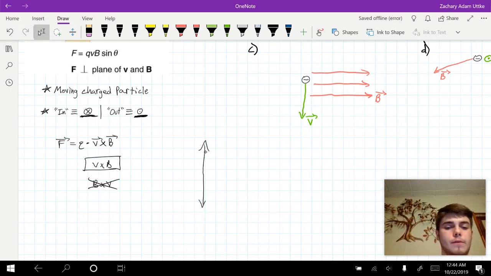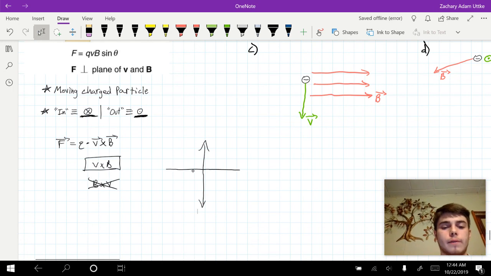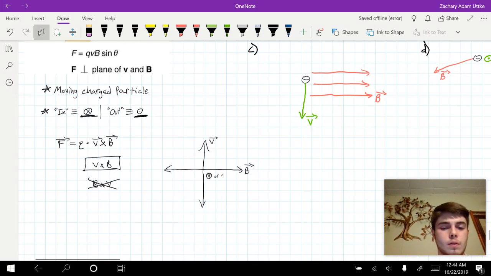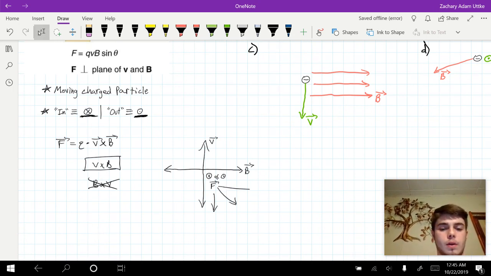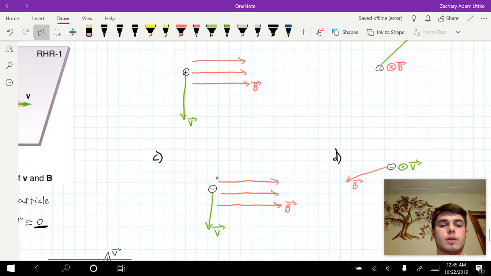So if one of these vectors, say velocity, takes the up and down dimension, and another vector, say the magnetic field, takes the right and left dimension, the only possible dimension for force to be in is either in or out. The force cannot be directed at any kind of way. That can't work. It has to be either in or out. Okay, so with that in mind, let's start solving these.